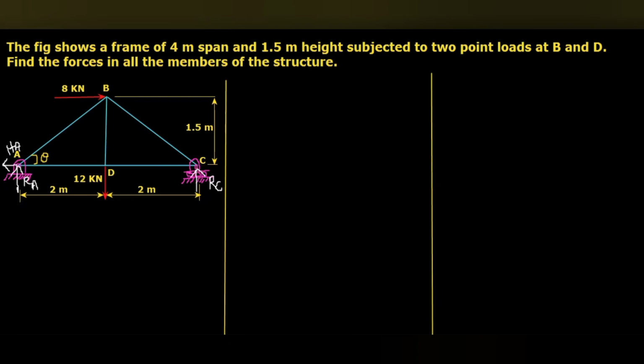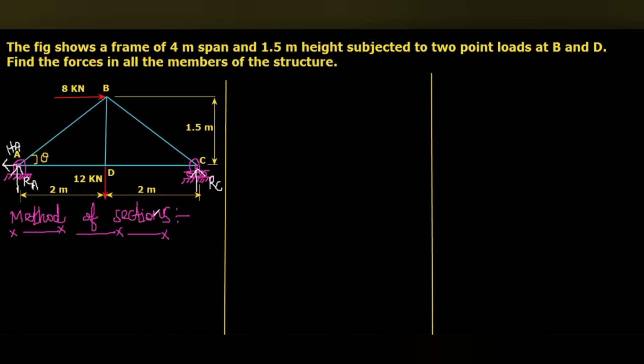First here, we have to calculate the reactions. First of all, this is method of sections. In method of joints, we solve by using algebraic sum of the vertical forces equals 0 and algebraic sum of the horizontal forces equals 0. In method of sections, we use the third one, that is algebraic sum of the moment about any point equals 0.